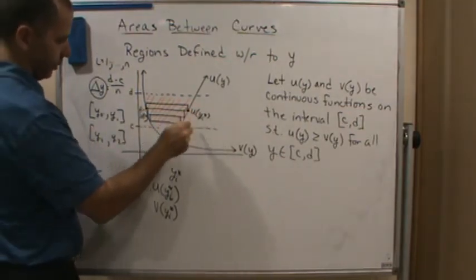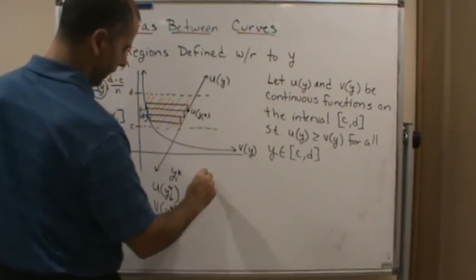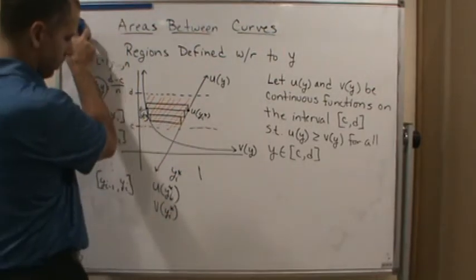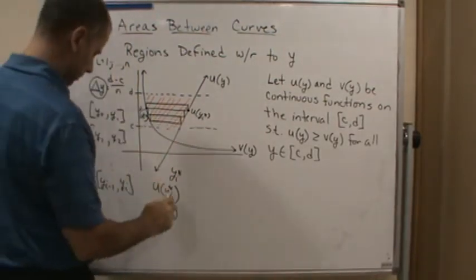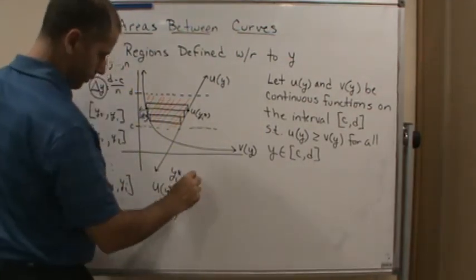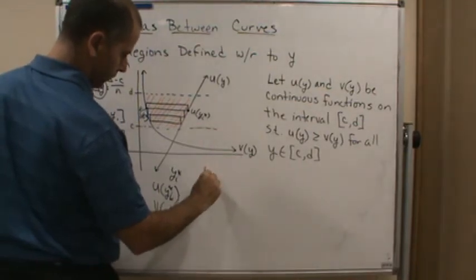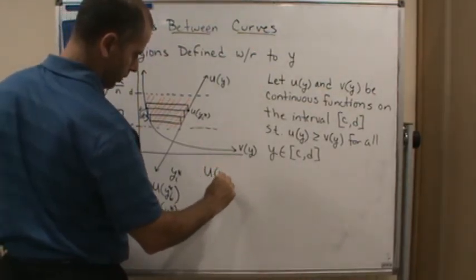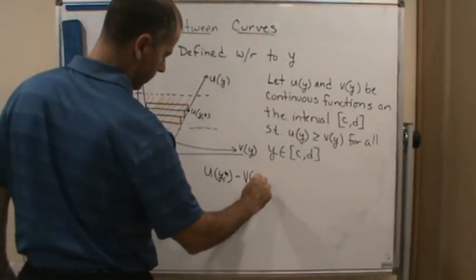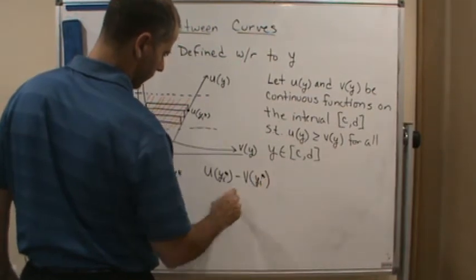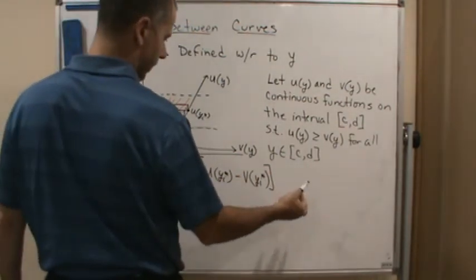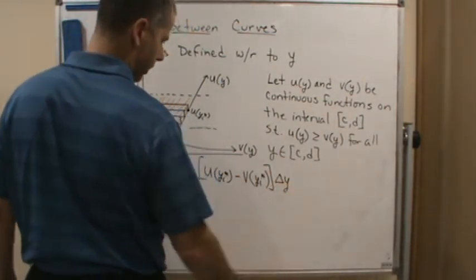So the area of one rectangle would be u of y i star minus v of y i star, times the width, which is delta y.